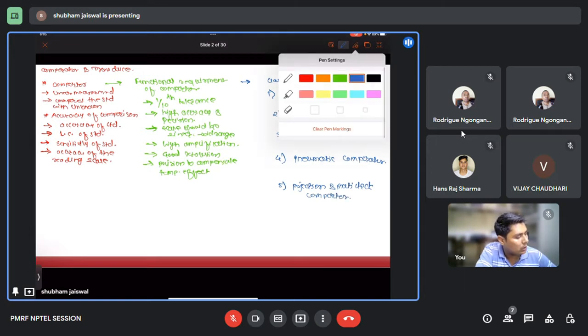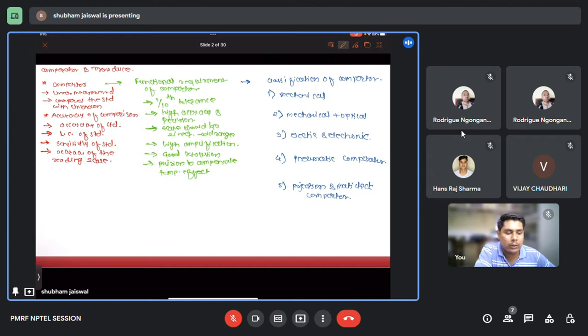In mechanical comparator, we have seen the dial indicator, Johansson Microcator, and after that the Sigma comparator. In mechanical plus optical, we have seen the Cook's optical comparator, and in electric and electronic we have seen the LVDT. In projection based, we have seen the optical projector.